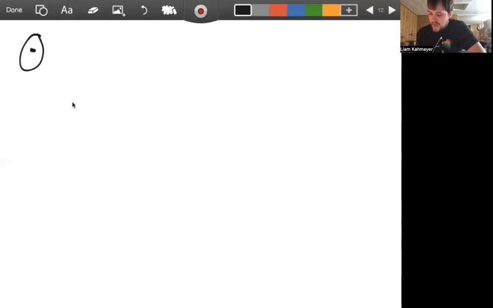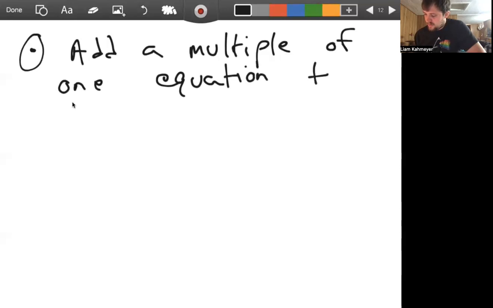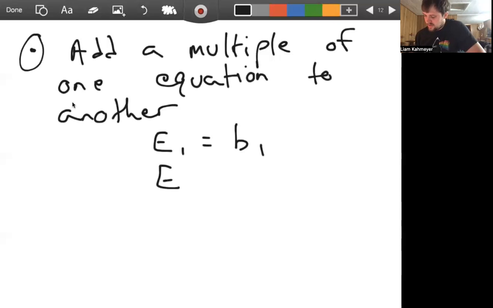Another thing you can do is you can add a multiple of one equation to another. So let's say we had this system E1 equals B1, E sub 2 equals B sub 2. And here I'm letting E sub 1 just be like the a11 x1 plus blah, blah, blah, just to save some writing.